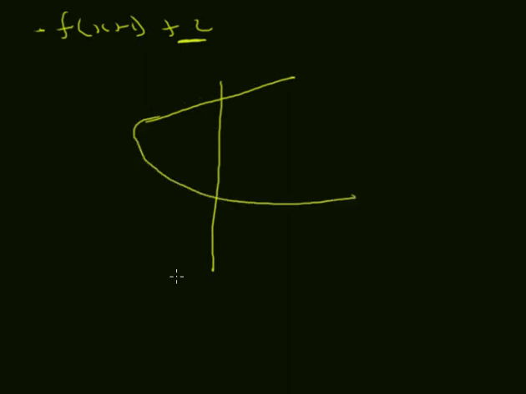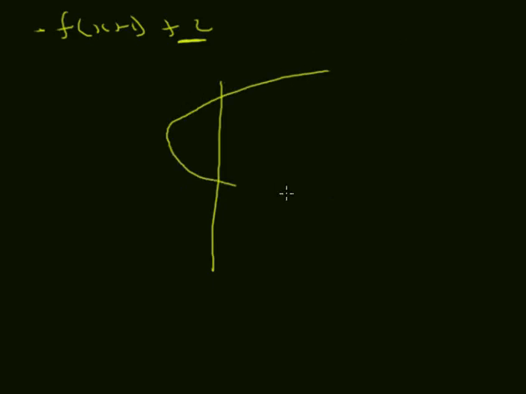This is a very bad graph; let me try to draw a nice graph. Yeah, something like that. Remember, this is minus square root of x plus 1, plus 2.